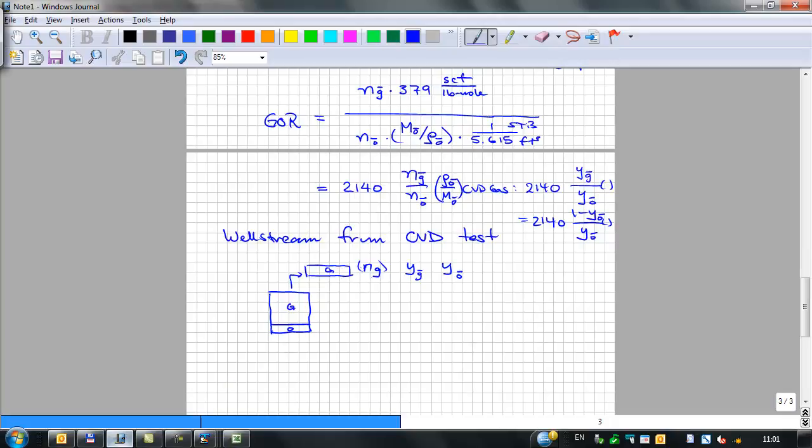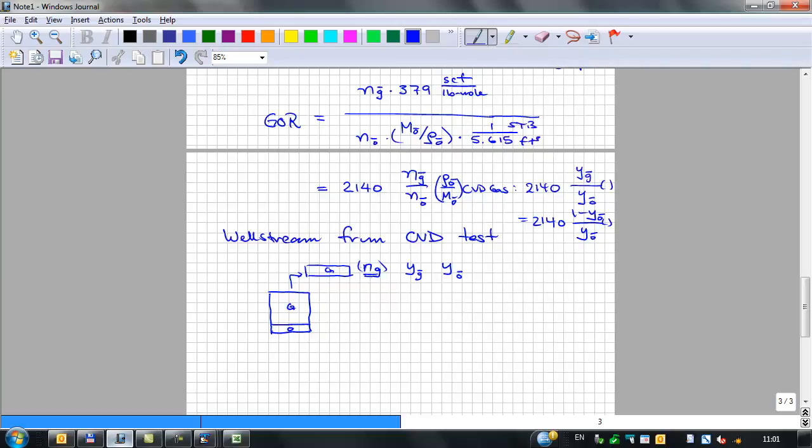That's going to basically be this number here. And of that, what's removed, we want to know the composition of what becomes surface gas and surface oil, right? But that's simply the mole fraction of surface gas and mole fraction of surface oil, Sg and So, that we defined.